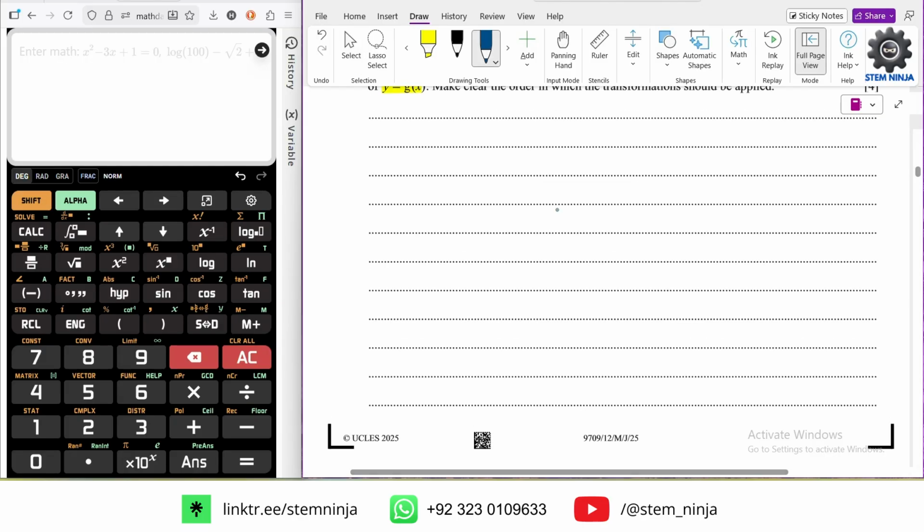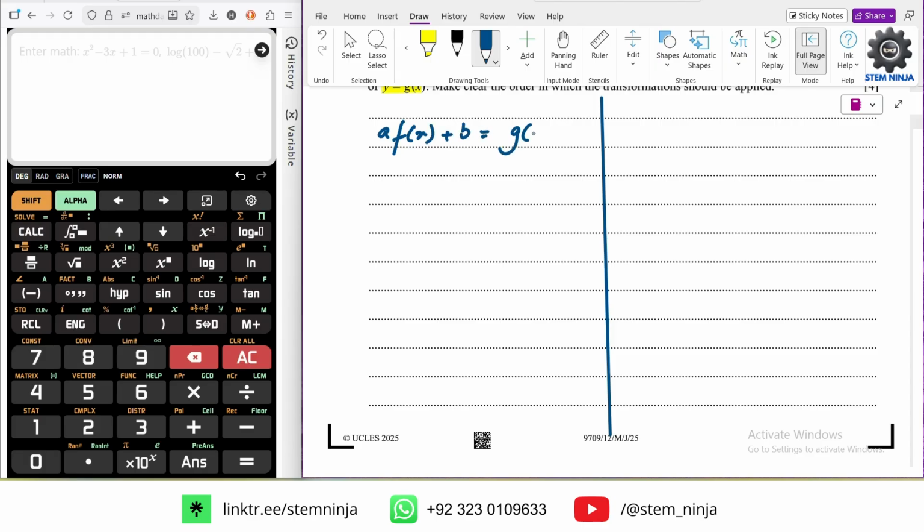So we can have either one first, but the final answer would be different. How? If we do the stretching first, it will be a times f of x plus b equals g of x. So this is stretching and this is translation. This means stretching first, then translation.